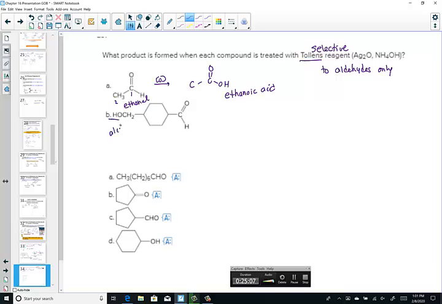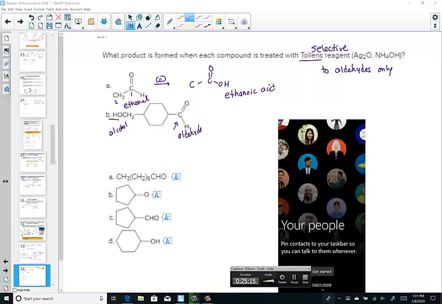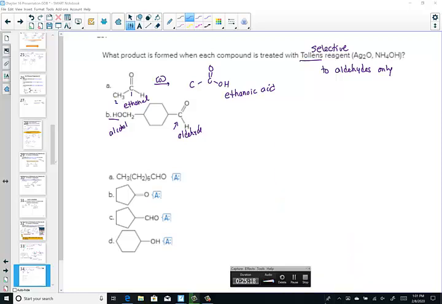This is an alcohol, and this is an aldehyde. So only selectively will the carboxylic acid form over here, and the alcohol stays the same.